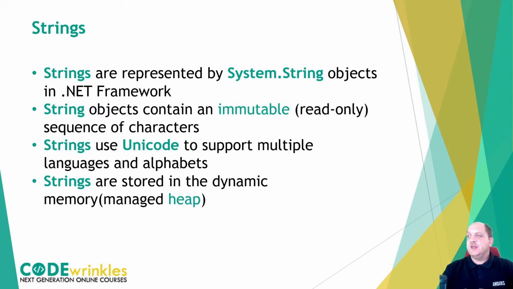And the first thing that we would need to know about strings is that a string object contains an immutable sequence of characters. And we'll see in just a few minutes, it's not just a sequence, it's actually an array. And we will look into what this actually means after this one.